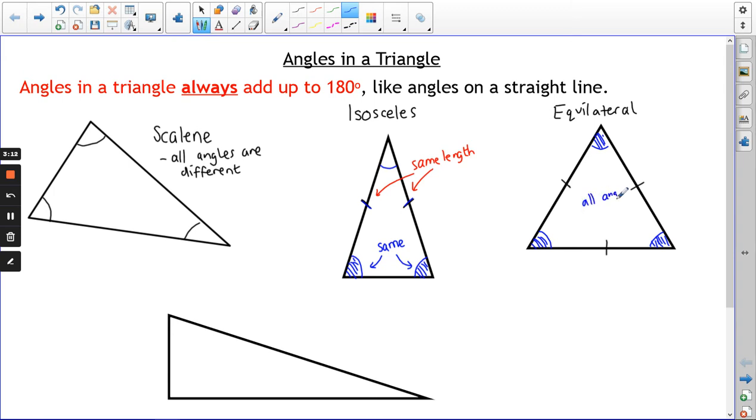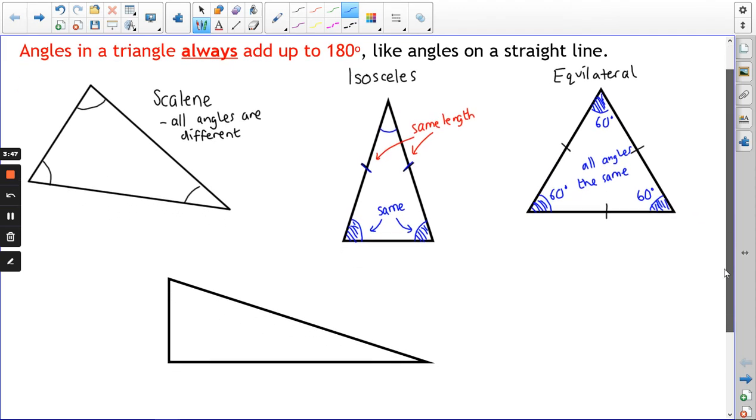Which means they're the same every time, because if there's 180 degrees in a triangle and I split it equally between 3, so divide it by 3, you get 60 degrees on every corner. Every equilateral triangle has 60 degrees on every corner. A little bit different for isosceles because these can be different every time, but for equilateral they're always 60 because 3 times 60 makes 180.